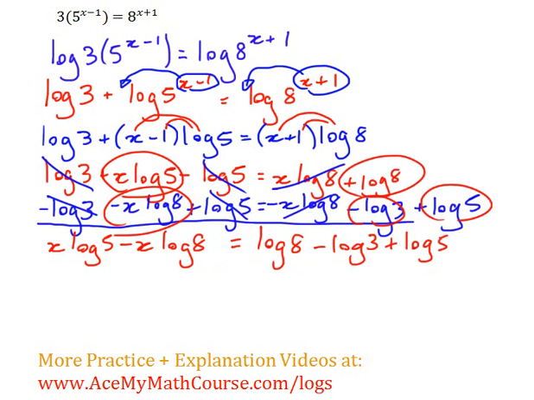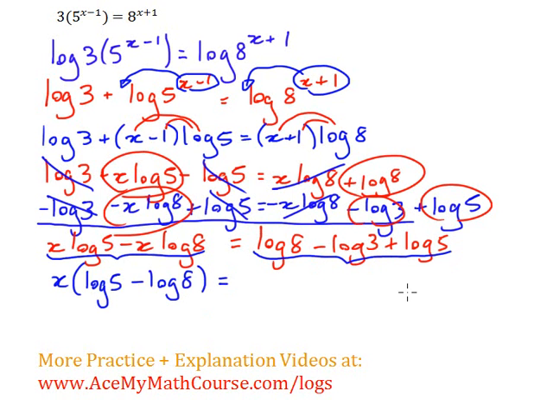Great. Now because we want to solve for x, I'm going to factor out an x over here. So x log 5 divided by x is just log 5, and negative x log 8 divided by x is just negative log 8. Over here, I'm going to combine all of these into the log of 8 divided by 3, because when we subtract logs, we can just divide the contents.